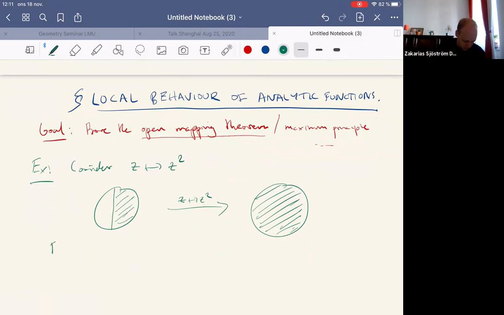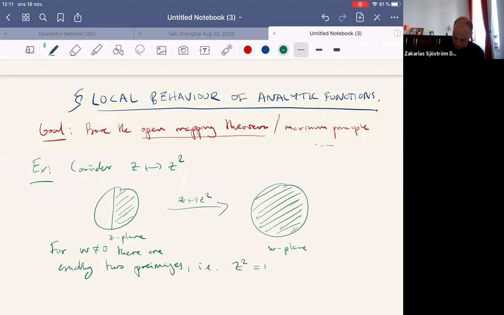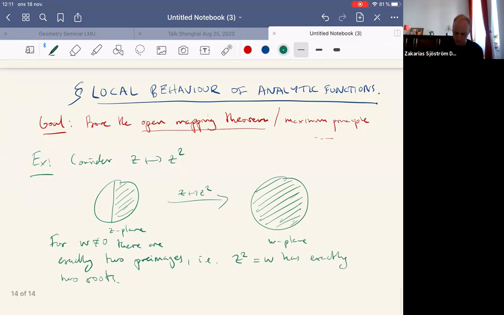So the point here is that for w non-zero, so this is the w plane, and this is the z plane, for w not zero, there are exactly two preimages. What I mean by that is that z squared equals w has exactly two roots.